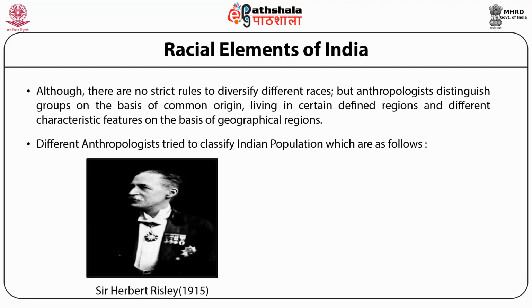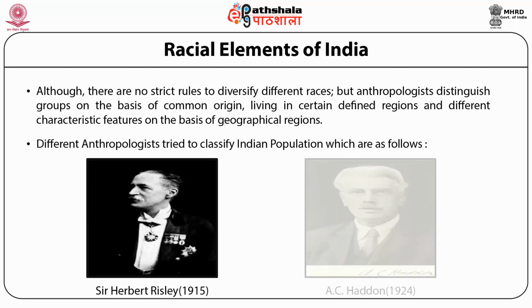In his classification, he has given 6 types of racial groups, out of which first Dravidian, second Indo-Aryan, third Mongoloid, fourth Aryo-Dravidian, fifth Mongolo-Dravidian, and sixth Negrito.